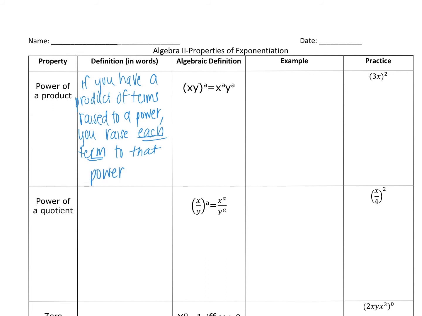So here you can see if there are 2 terms within parentheses and it's raised to a power, we could split them up and raise them both to that same power.